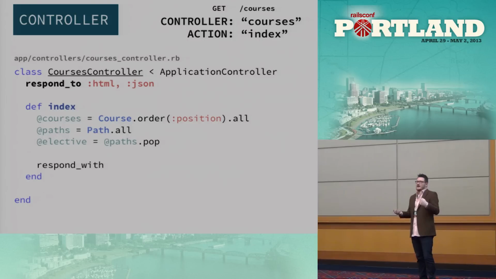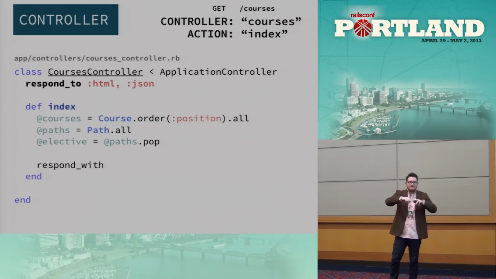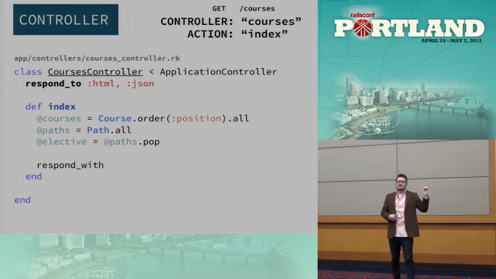We want to look up a list of the paths, a kind of a tree of different learning requirements as well. So we're gathering that information at this point in time to later on be passed to the view. So that is what an action in a controller is for, gathering that information prior to passing it on to a view, allowing it to render, coming back down the stack.